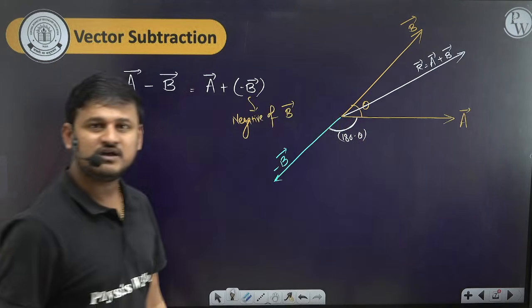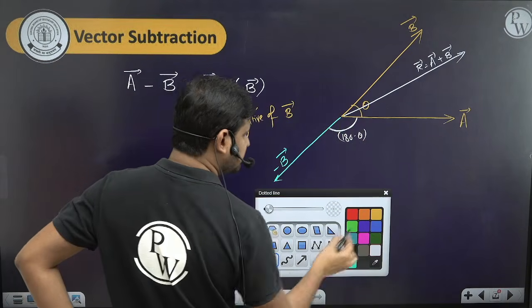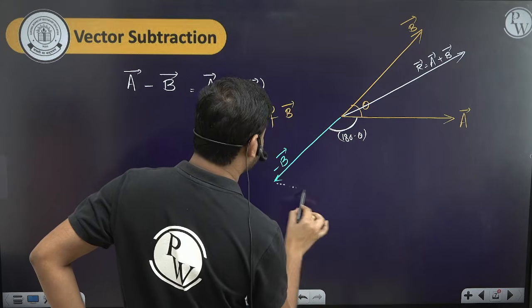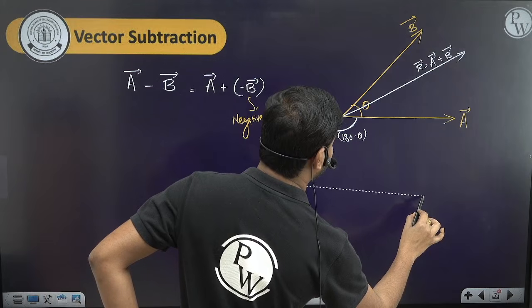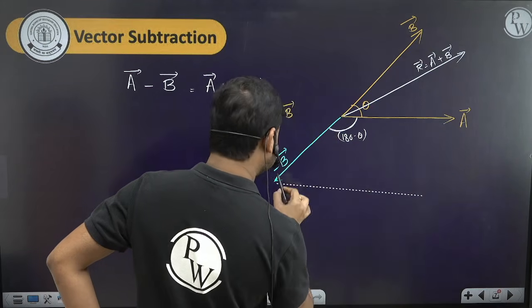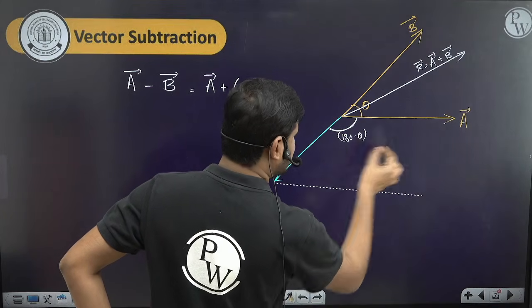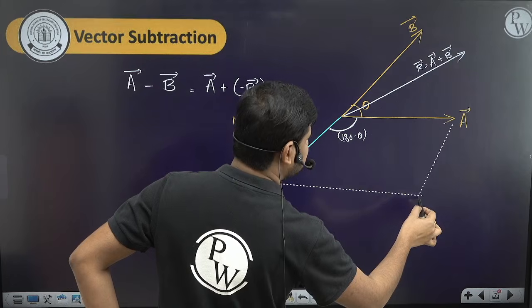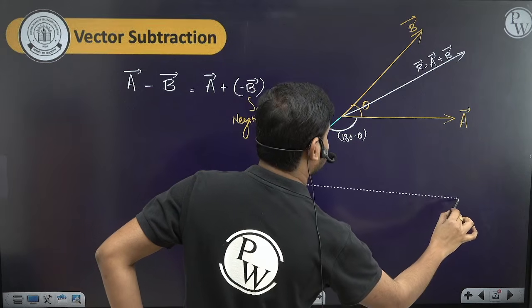Same procedure you can follow. You can simply parallel shift the vectors. This is parallel shifting the vector A, and this is parallel shifting the minus B vector. I am parallel shifting this side. Okay, so let me write more.